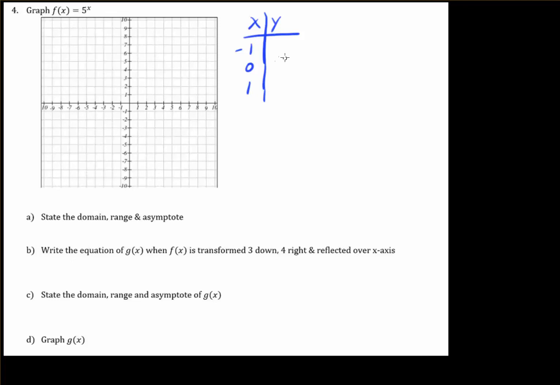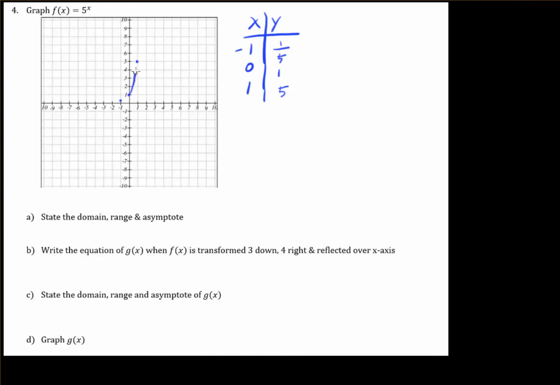And so that shows us that it's going to be 1/5, 1, and 5. Let's go ahead and graph that. -1, 1/5, and 0, 1, and 1, 5.